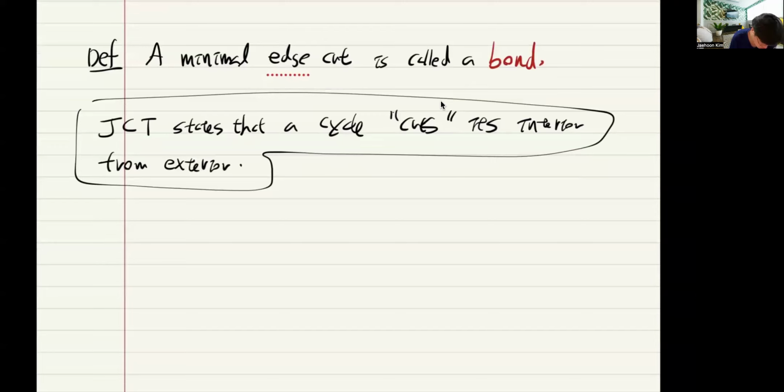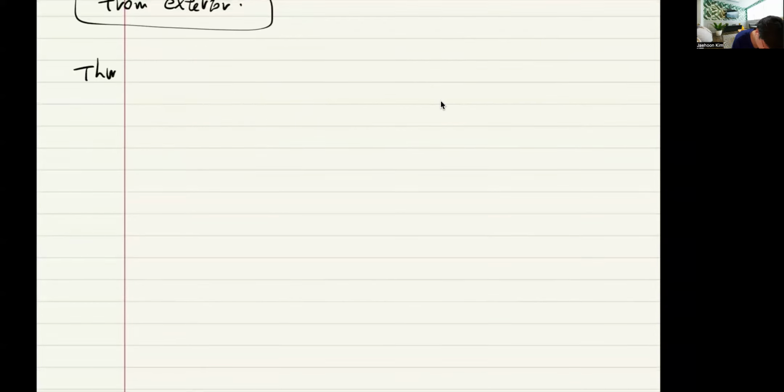So actually, we can show that in a plane multigraph, there is a duality between curves and cuts, and if you translate that into the graph, you have a duality between cycles and bonds.